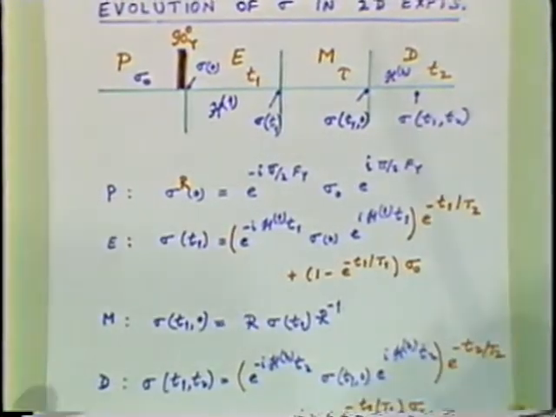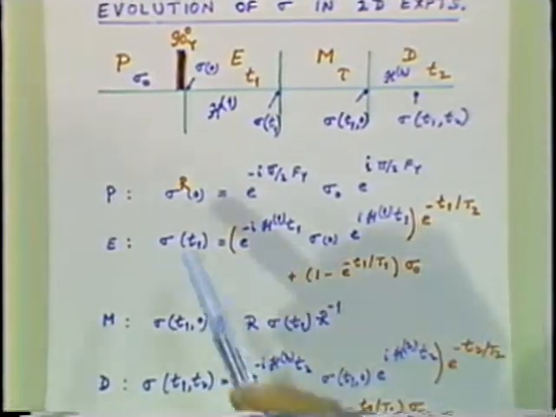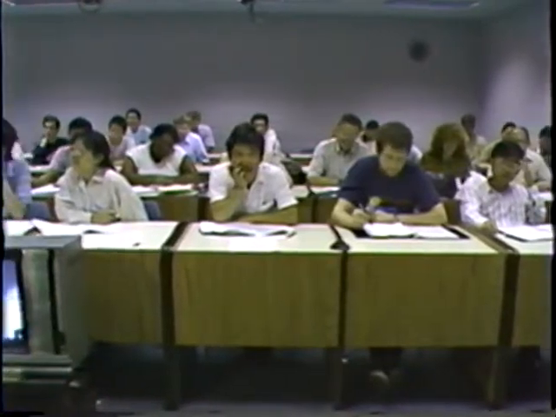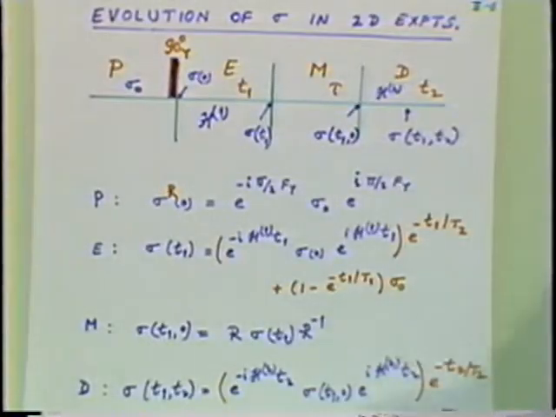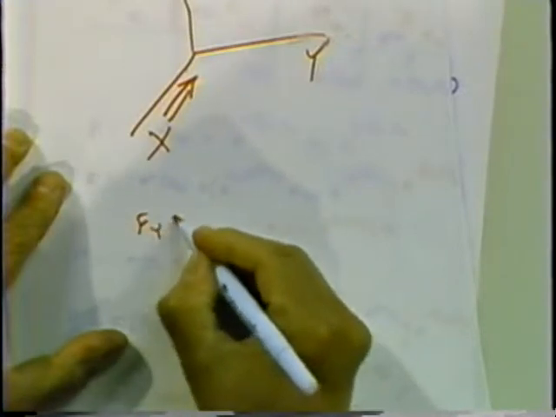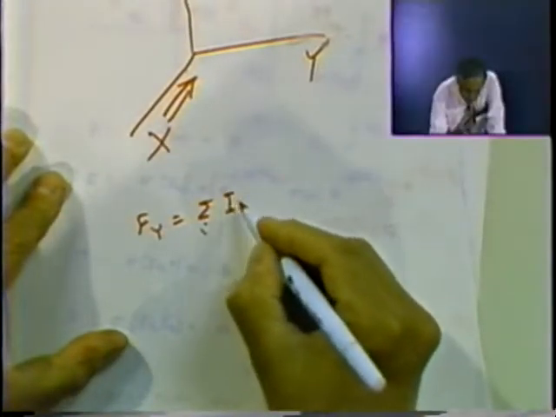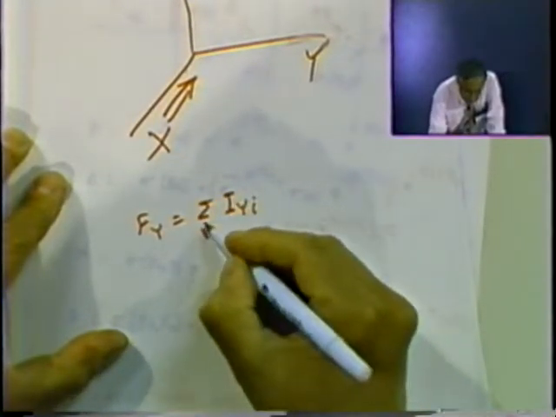I missed something. You now have Fy in the exponents rather than Iy in the first line. Okay, all right. Fy is equal to the sum over i of Iy(i) for all the spins.